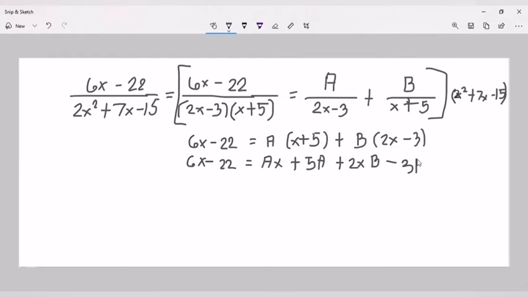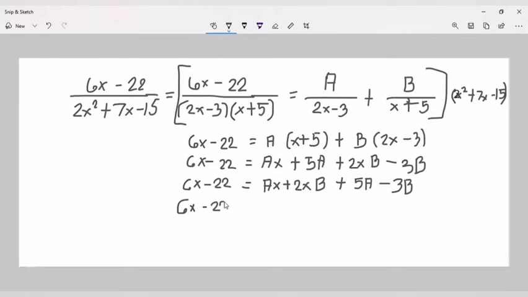And then combine like terms. Just copy the equation on the left side, then combine like terms on the right side of the equation, so that gives us Ax plus 2xB plus 5A minus 3B, and then factor out.